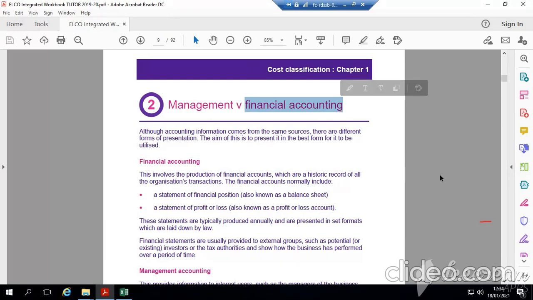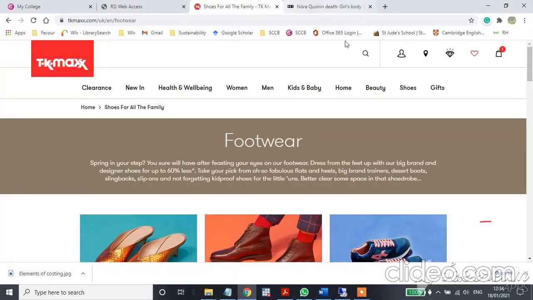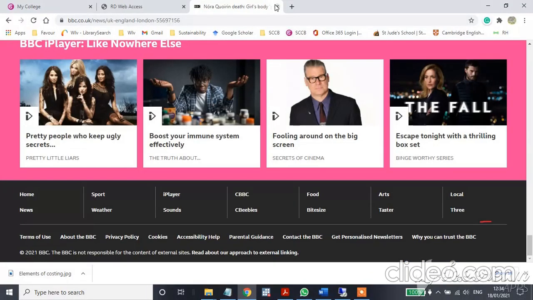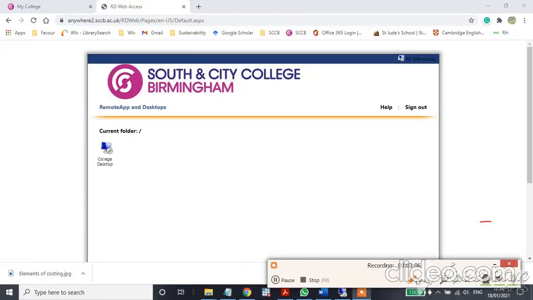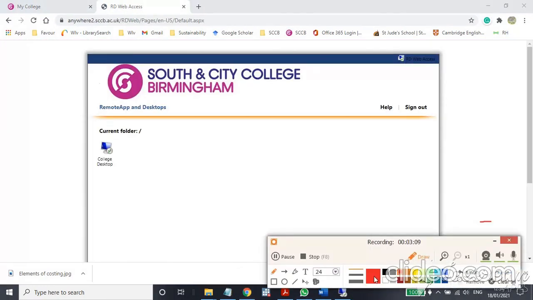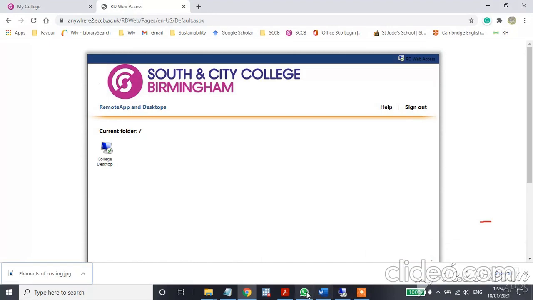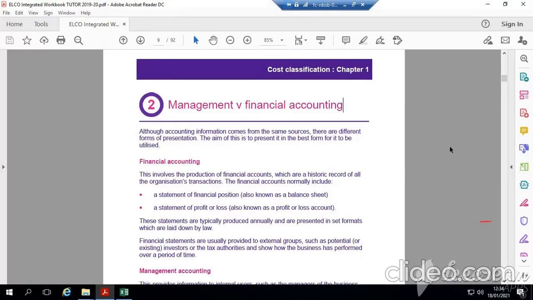In the business, usually we have these two types: management and financial accounting. These two teams are really important. They are making critical decisions in terms of future planning.